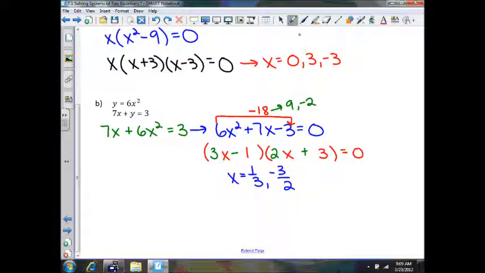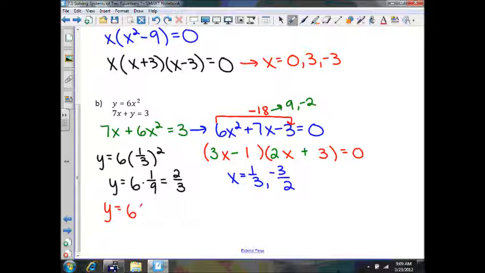Putting those into the original equation there, y will equal 6 times 1/3 squared, which means y will equal 6 times 1/9, which is actually 6/9, which is 2/3. Also, y will equal 6 times negative 3/2 squared.